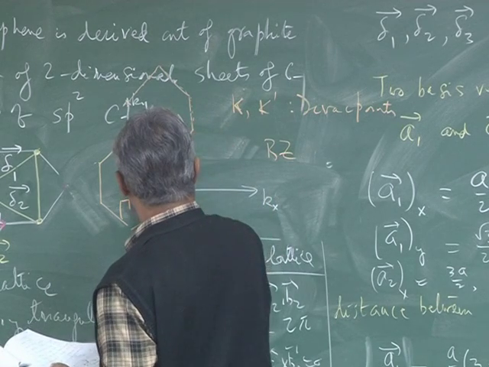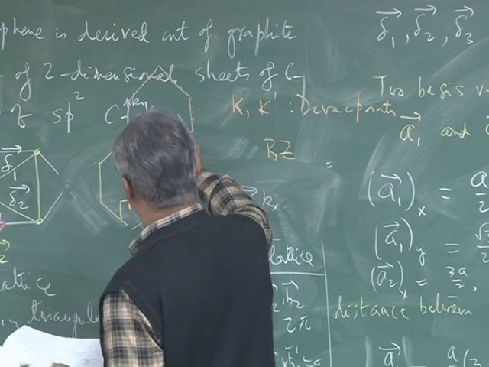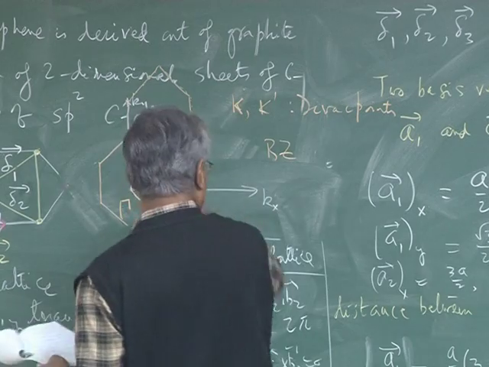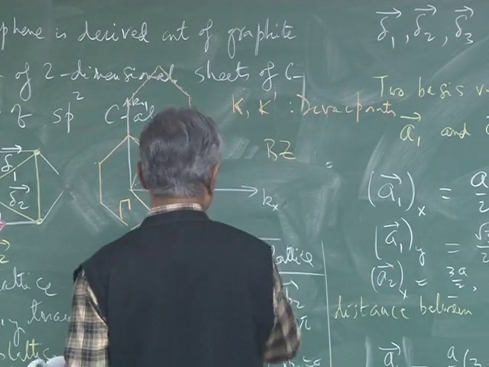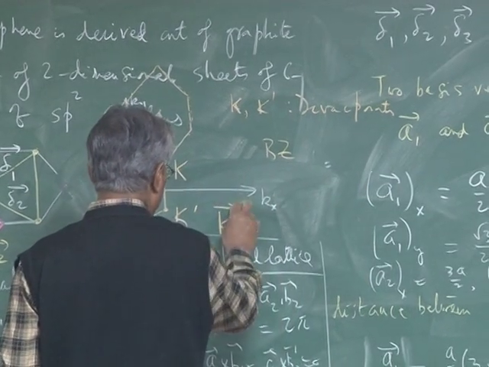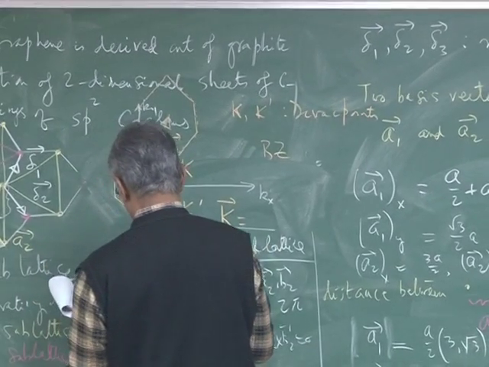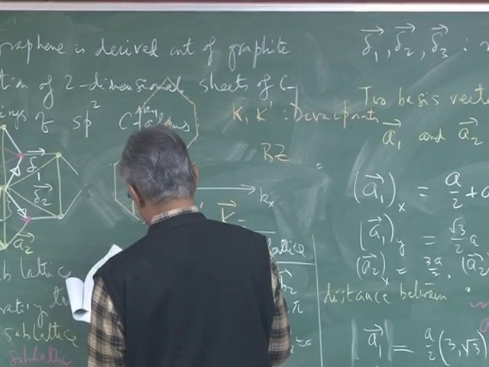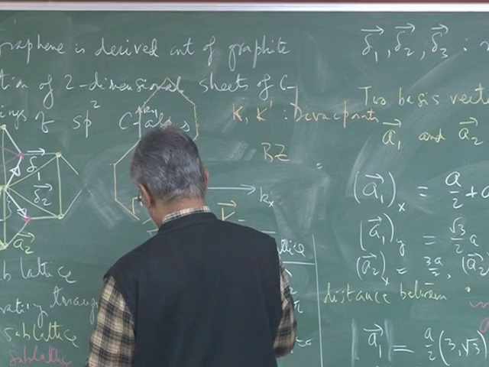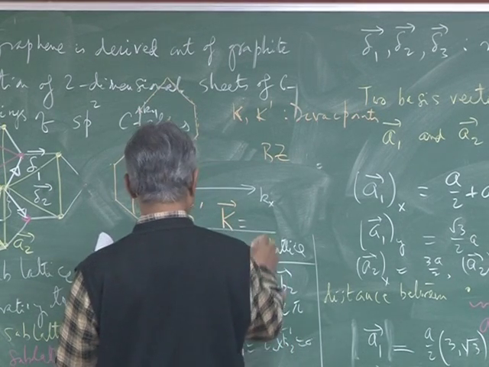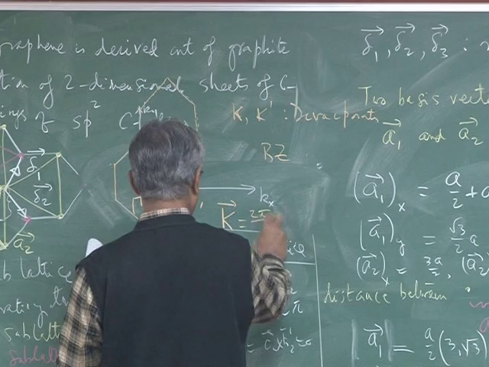So the K vector has the same X component as the B1 vector. So if I write the K vector, I'm using this color code here. This is actually quite crucial to see why you have linear dispersion as in Dirac theory.